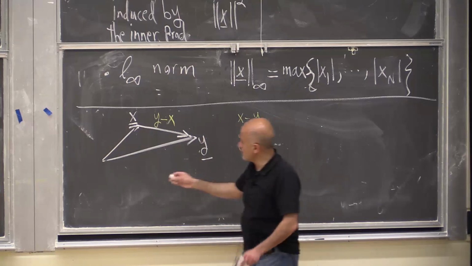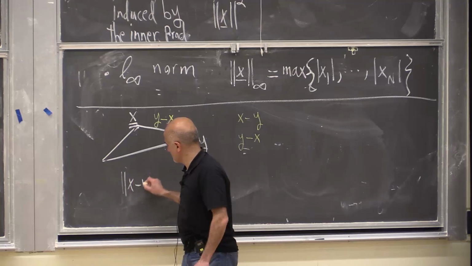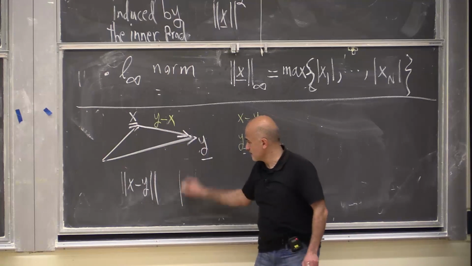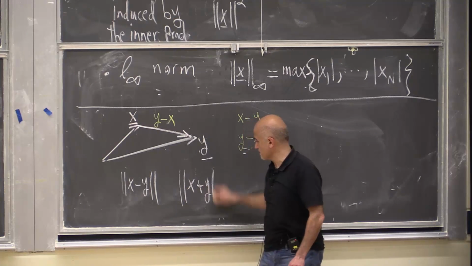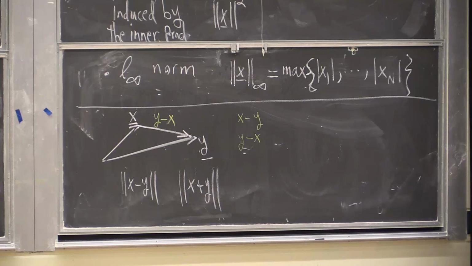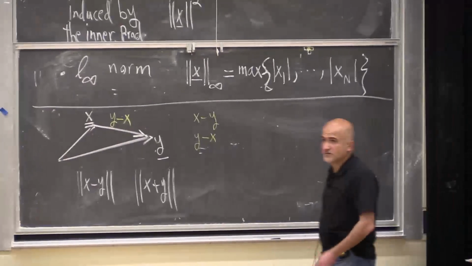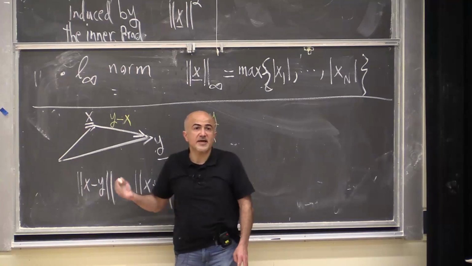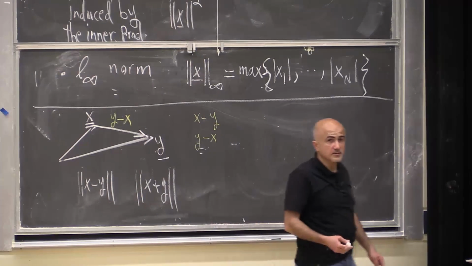So the norm gives us a way to measure that difference, gives us a way to measure the sum. So we have a notion of distance in our vector space among elements. In the definitions that I gave you for a vector space, we didn't have this notion. We just had an algebraic structure governing our vector space.